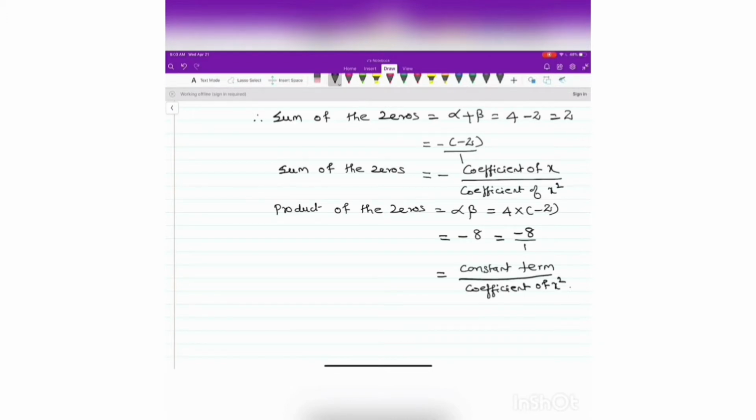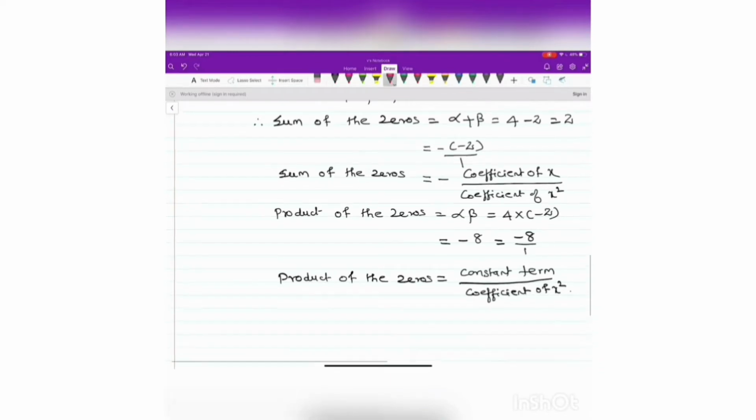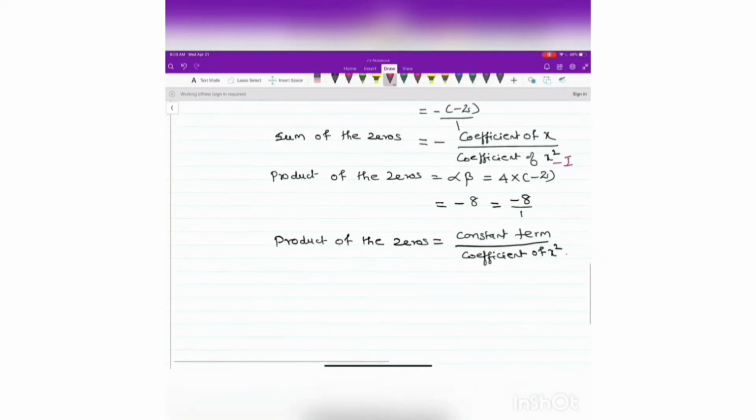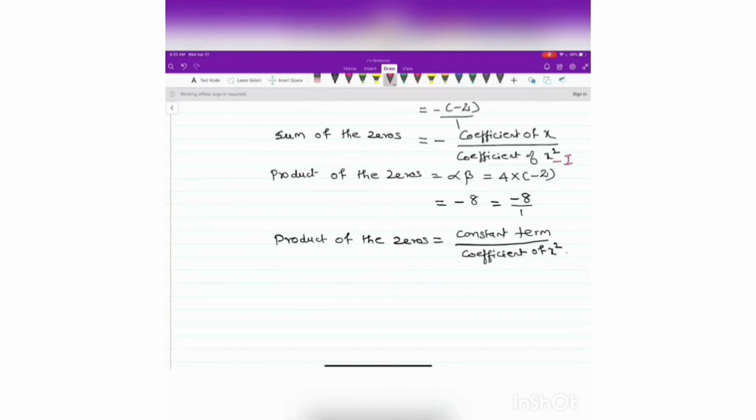So, this is the product of the zeros. Let me name: the sum of the zeros, what we got over here as 1, and the product of the zeros, the relationship what we got, verified rather, as 2.